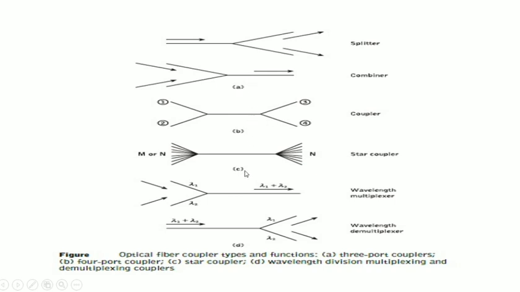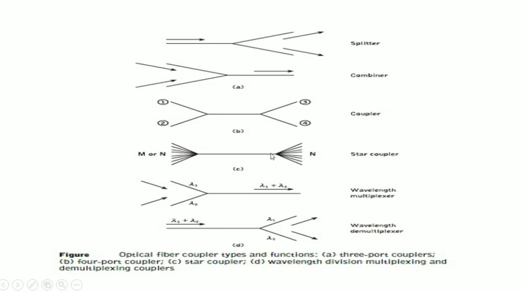Next, the third type is figure C, which we call the star coupler. Star couplers are generally used for distributing a single input power to multiple outputs.